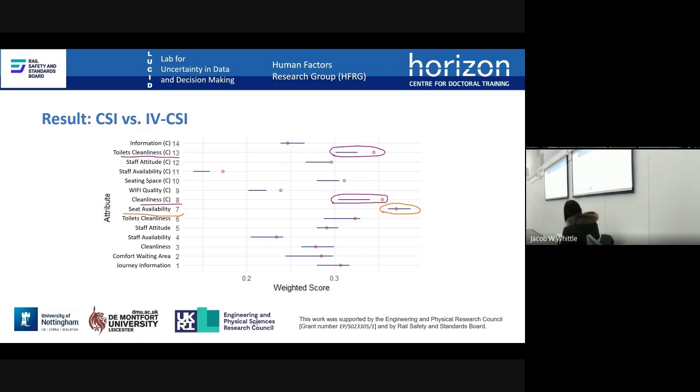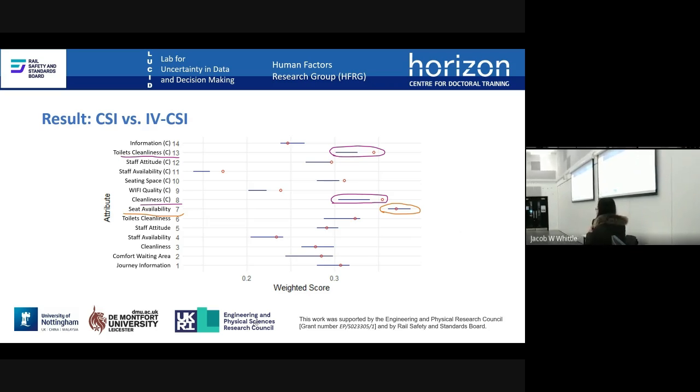For example, compared to attributes 8 and 13, which are the cleanliness of the carriage and the cleanliness of the toilet on the train. Compared to those attributes, even the lower bound of seat availability is still higher than the upper bound of the following two. It shows that people really care about this. This is giving a massive contribution compared to everything else.